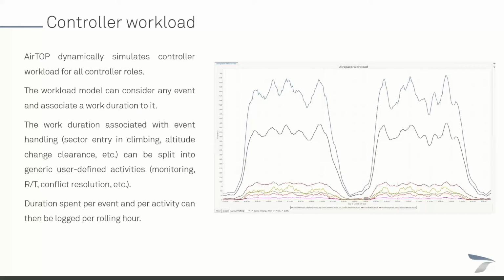Nevertheless, this measure is a critical factor when defining a sector capacity, as it will need to take into account not only the absolute number of events, for instance sector entries or the instant number of aircraft in the sector, but also the occupancy and the resulting complexity, so the workload produced on the controllers.